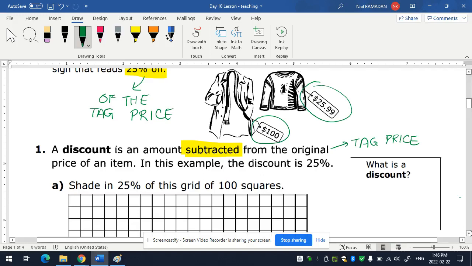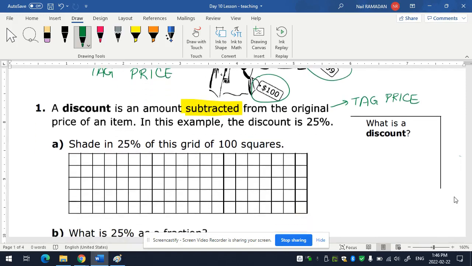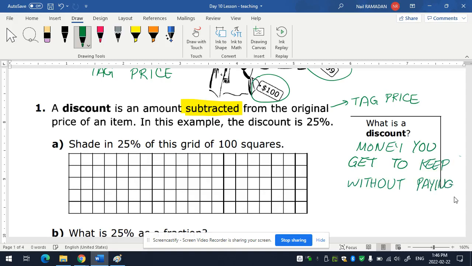What's the discount, everyone? So let's just write another way of saying it. Discount is money you get to save. Yes. So keep without paying. So money you get to keep without paying.